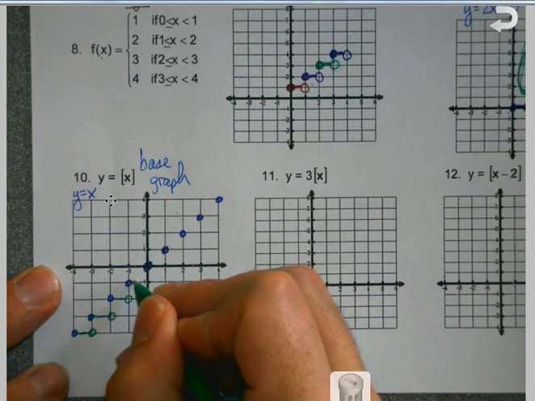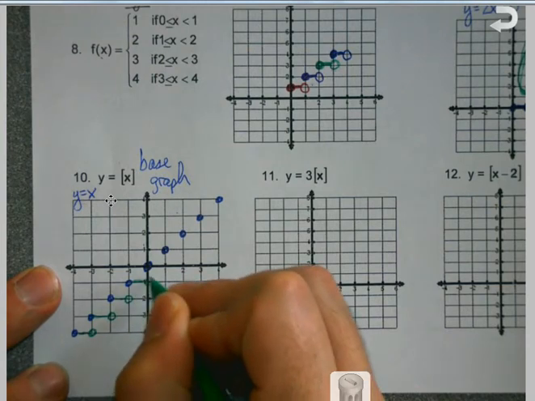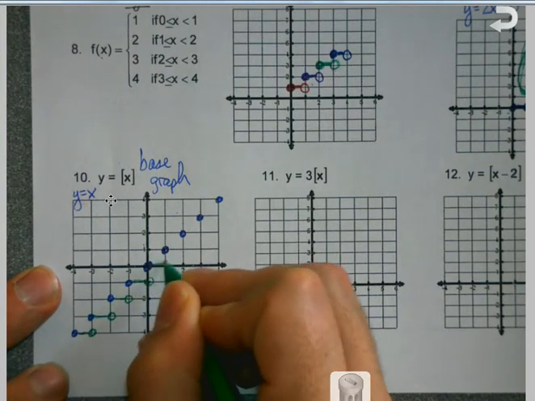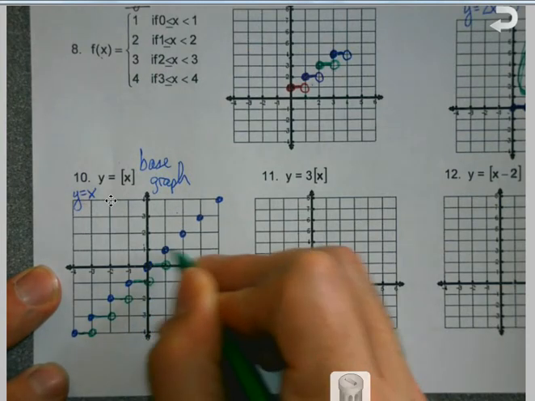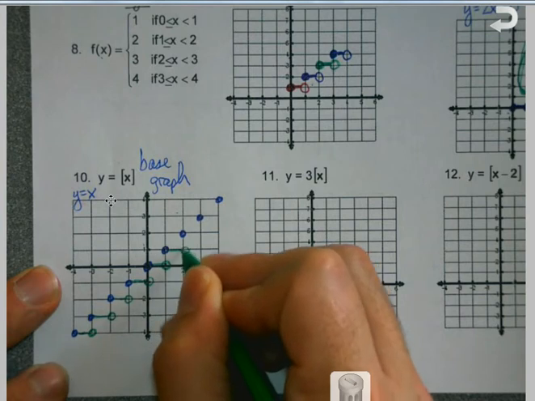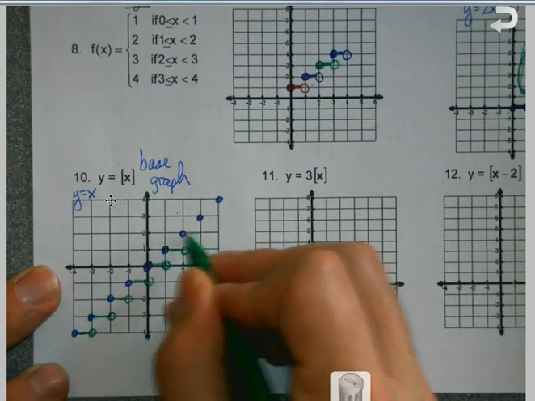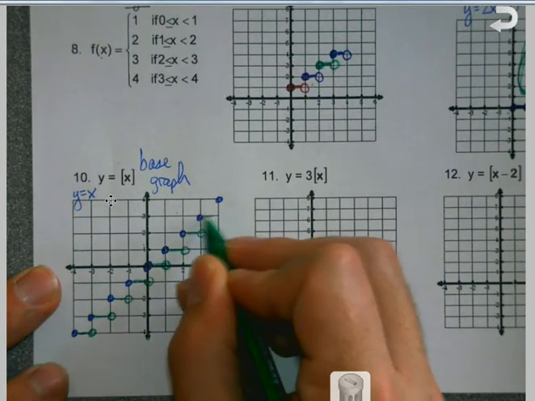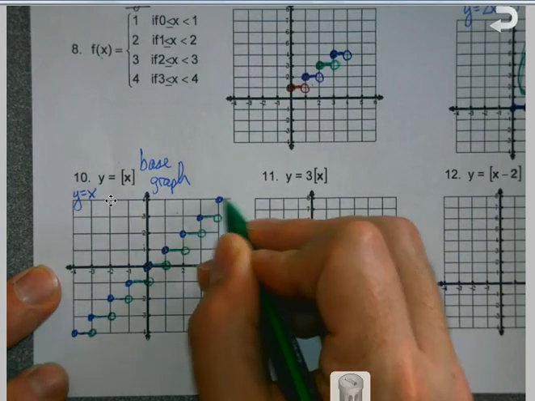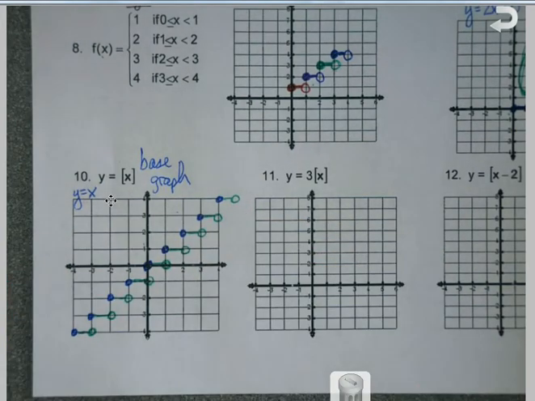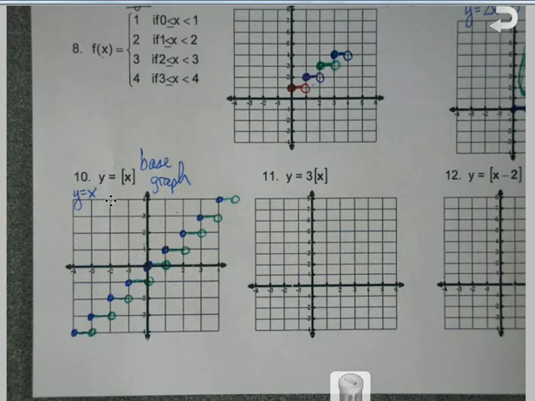And so you don't have any places where there's not a value that's taken. Because every time you get to an open circle, you look above it and there's another closed circle right above. And I did so many this time because, again, there's no restriction.